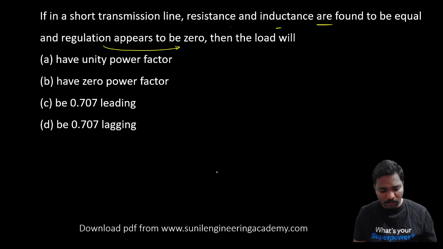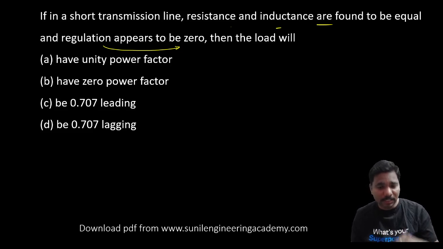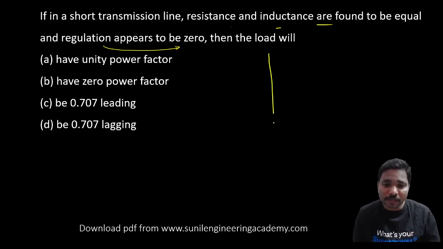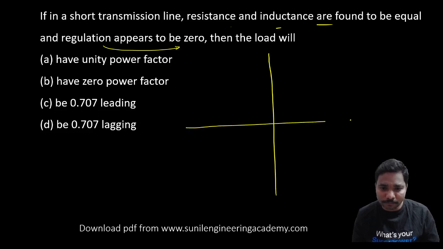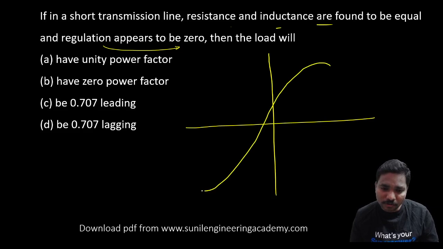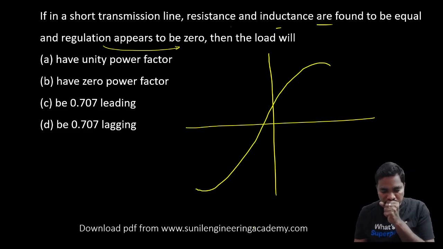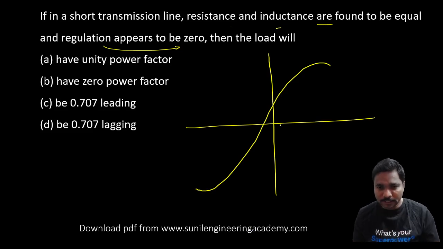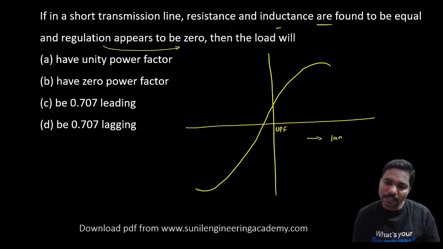If you take power systems, synchronous machine, transmission, the transformers, any one, the regulation curve is almost the same. We know this is the regulation curve. Here unity power factor. After that, here we can say lagging.